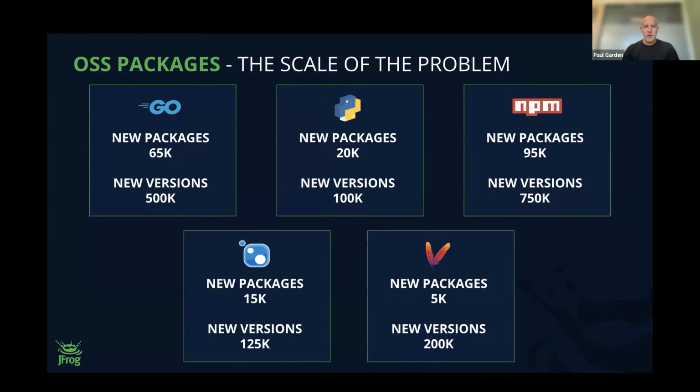And just in 1 month, you've got tens of thousands of new packages being added to these repositories every day. So there are new packages coming. And then when you look at the number of new versions, there's hundreds of thousands of new versions. And how on earth can each developer keep track of, well, is this version safe?